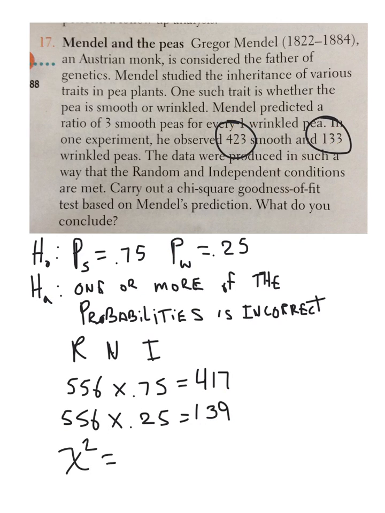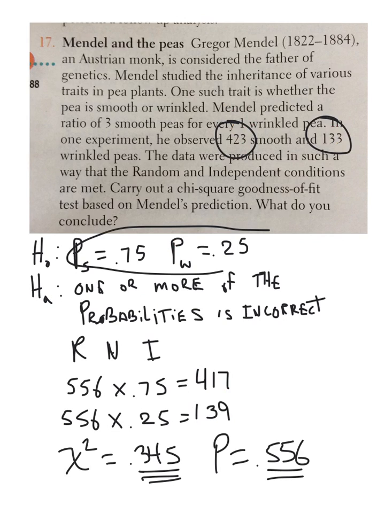How far were we off? We were only off by 0.345, not very far at all, with a degree of freedom of 1. And then our p-value is very high, it's 0.556. So we would fail to reject the null hypothesis.